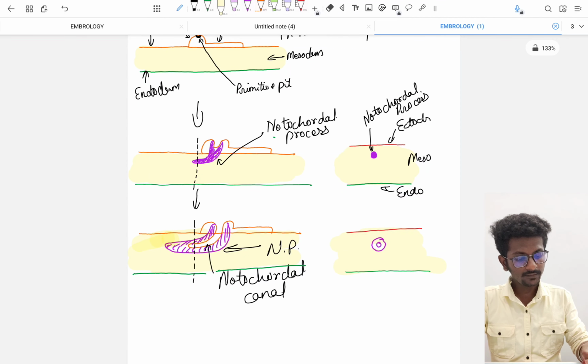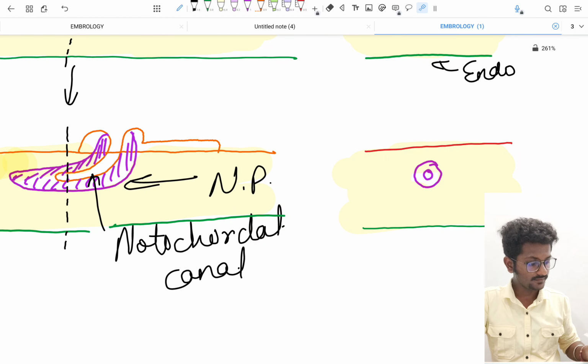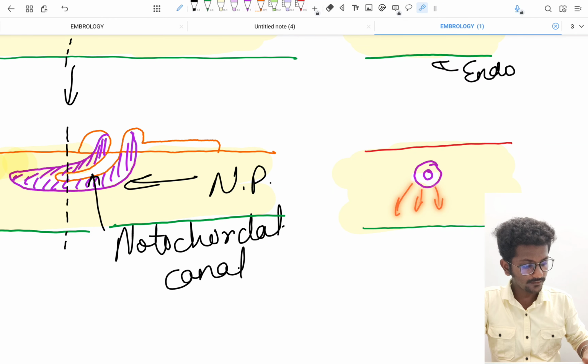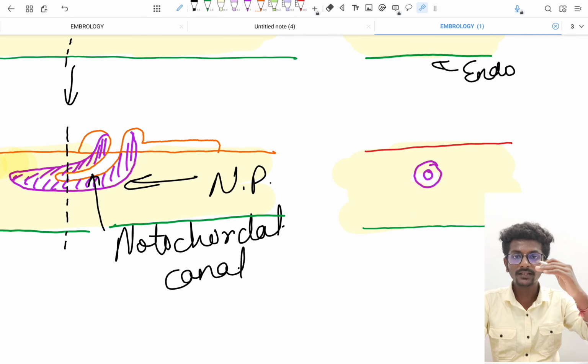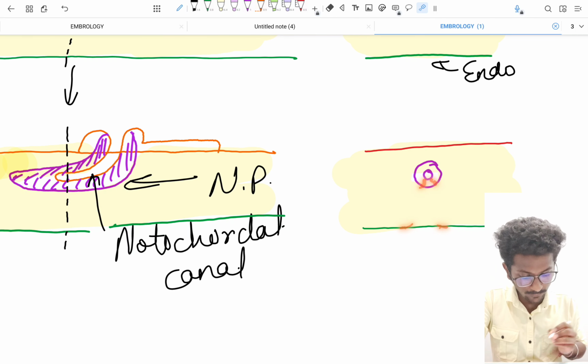Now what will happen in the next step, I'll show over here. This notochordal process will now start moving downward. It will move in the downward direction, and slowly this part of the notochordal process will fuse with the endoderm. I hope you understand.